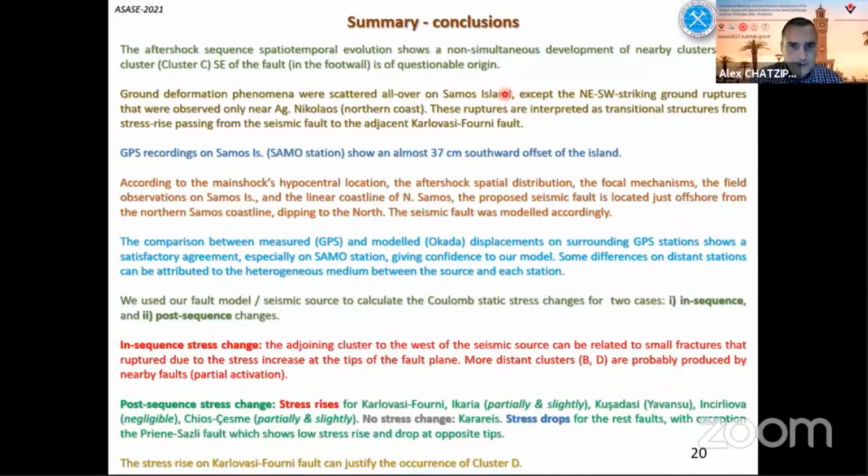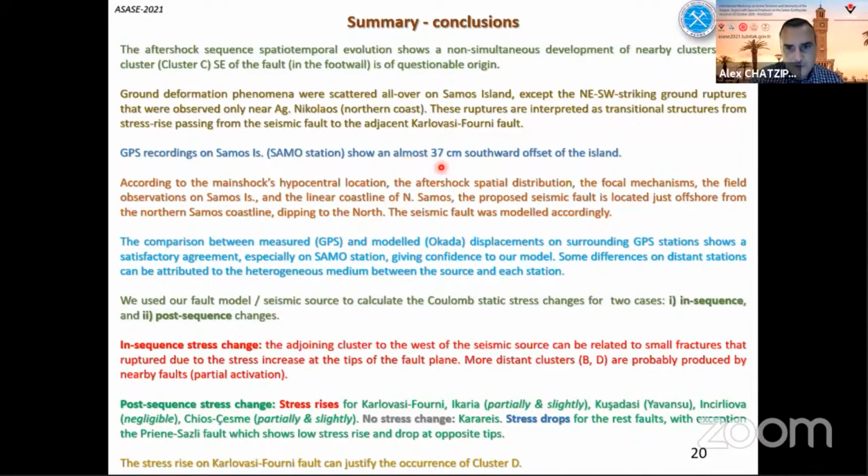The ruptures that were observed are generally scattered, except the northeast-southwest striking ruptures on the northwestern coast, which are consistent with a model of transitional structures between the two main faults, the east-west main fault and the adjacent Karlova-Sifurni fault.